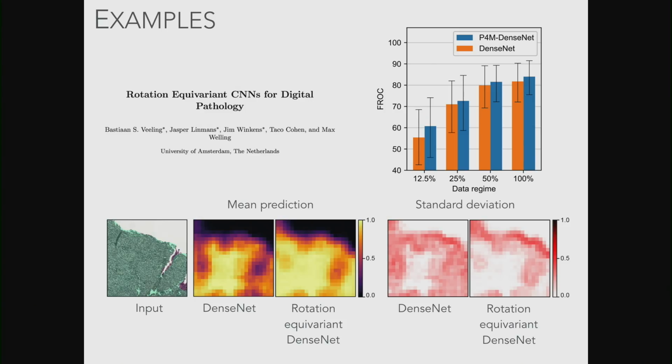And the really cool thing is, FROC is just a measure of performance. If you look at what happens when you decrease the amount of data that you train your network on, PM4 DenseNet, that's the roto-translation equivariant one. DenseNet is just translation equivariant. The blue column is always a bit taller than the orange one, and this difference gets more so when you have less and less data.